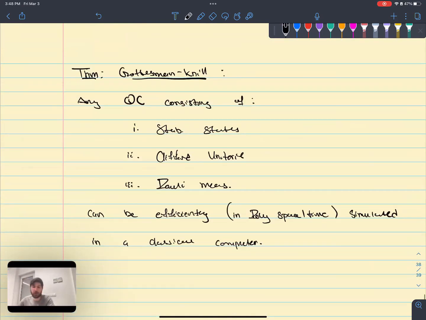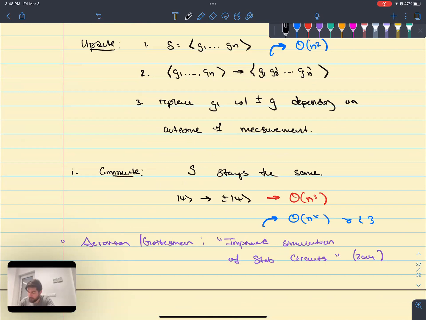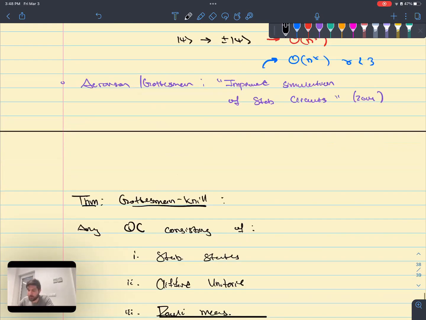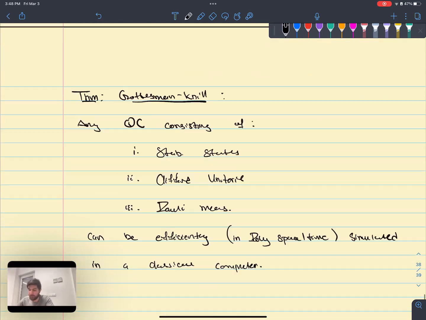And a lot of subsequent work has been done in a couple of directions. The one thing that we'll talk about next time is using fewer resources for these updates. That's one way you can go. The other thing you can do is to say, okay, what if we go outside of this set of constituent parts? Maybe we go for different unitaries.